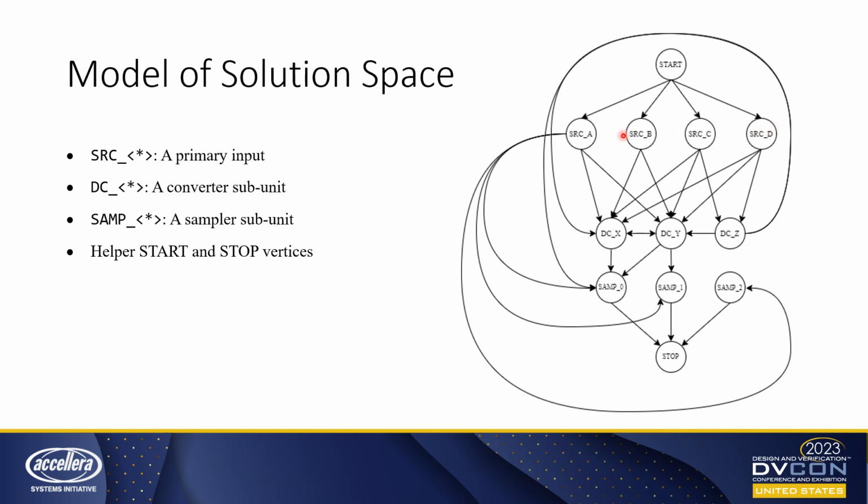We have a number of source vertices, denoting the primary inputs, and a number of data converter vertices, denoting internal vertices, as well as a number of sampler vertices, denoting the leaf cells of the tree. Additionally, we have a start and a stop vertex, which will not be part of the produced tree, but are rather artifacts used by the backtracking algorithm.